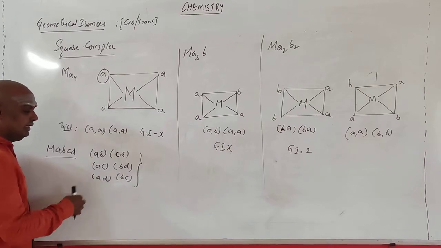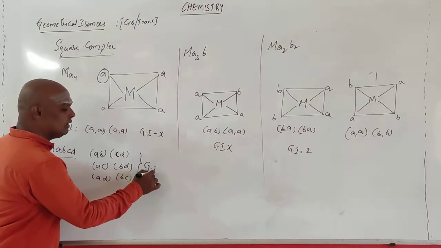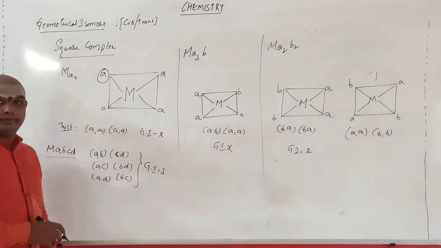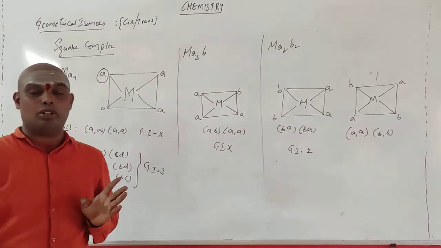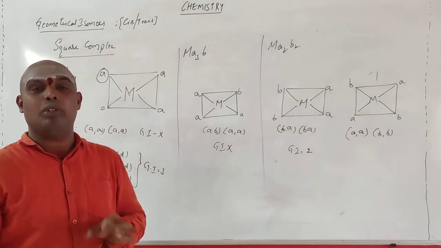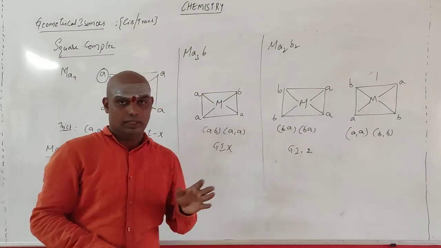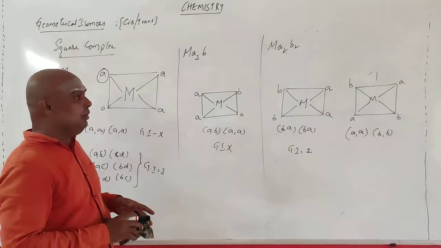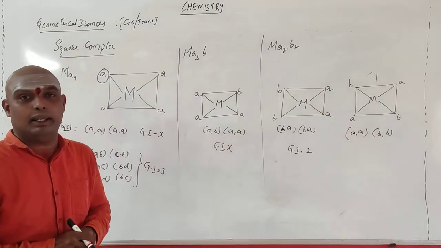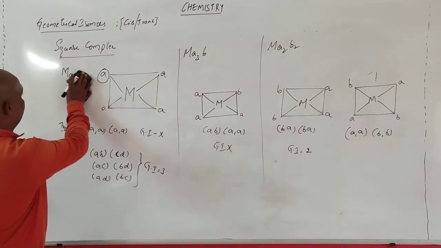No, these are different, so geometrical isomers are 3. This is entirely with respect to square planar complexes. Tetrahedral complexes will not exhibit any geometrical isomers. Right?